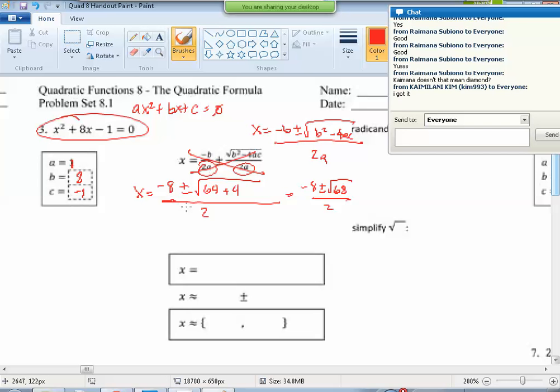Good. So this is really negative 8 plus or minus the square root of 4 times 17 over 2. I can pull that 4 out of that square root, right? So it's negative 8 plus or minus 2 square root of 17 over 2. And now what I can do is, since I can divide 2 into the 8 and 2 into the 2 over there, I can simplify this as negative 4 plus or minus the square root of 17.